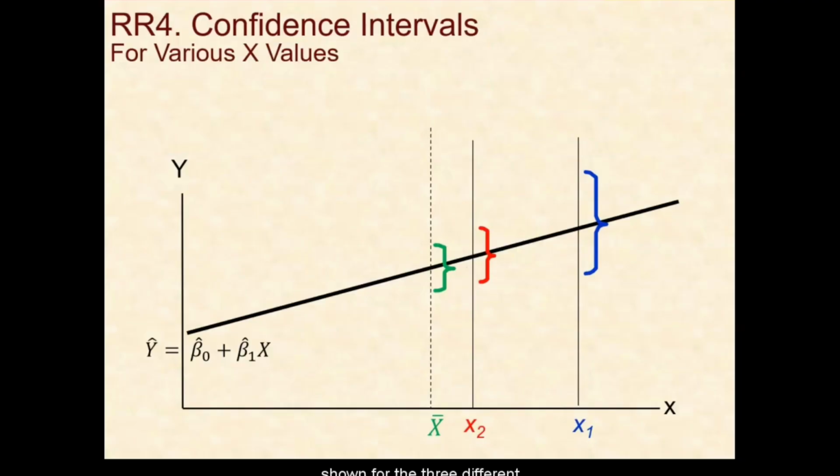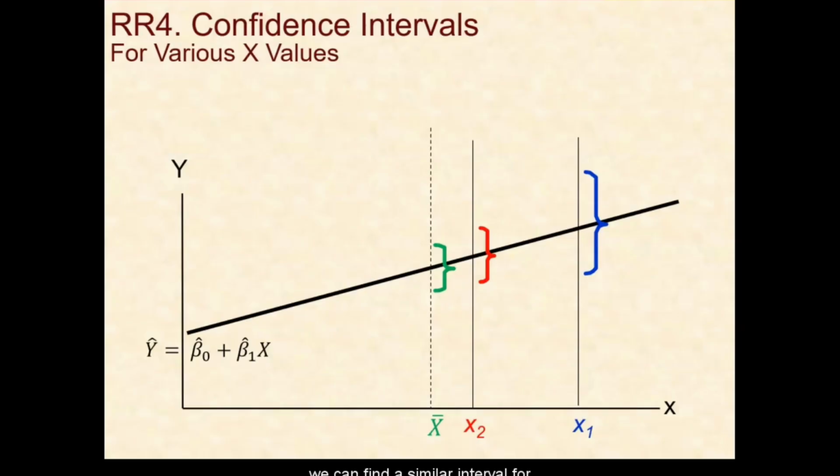Here, all three of the intervals are shown for the three different values of x: x1, x2, and x bar. Note that the t-statistic and the confidence level, 1 minus alpha, are the same for all three intervals. The only difference is the value x being looked at, which impacts the standard error for the interval, s sub y hat given x.